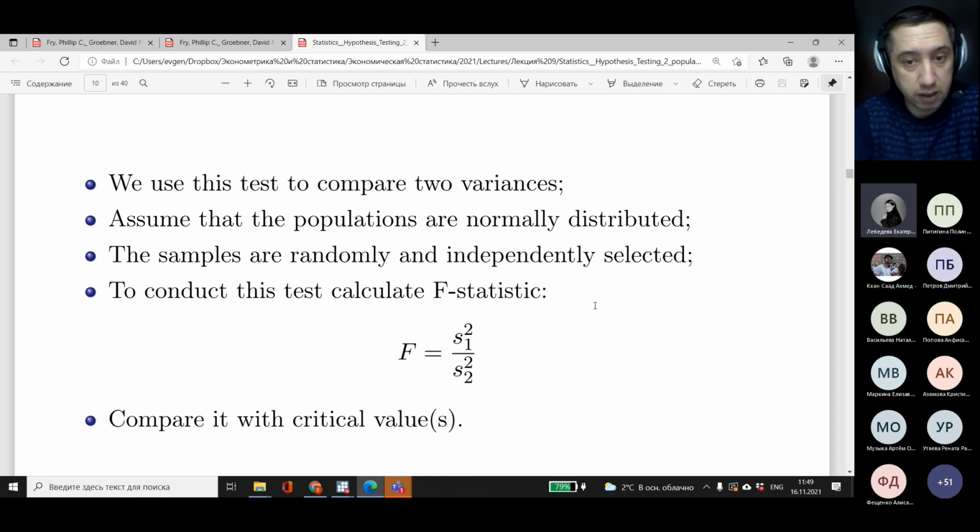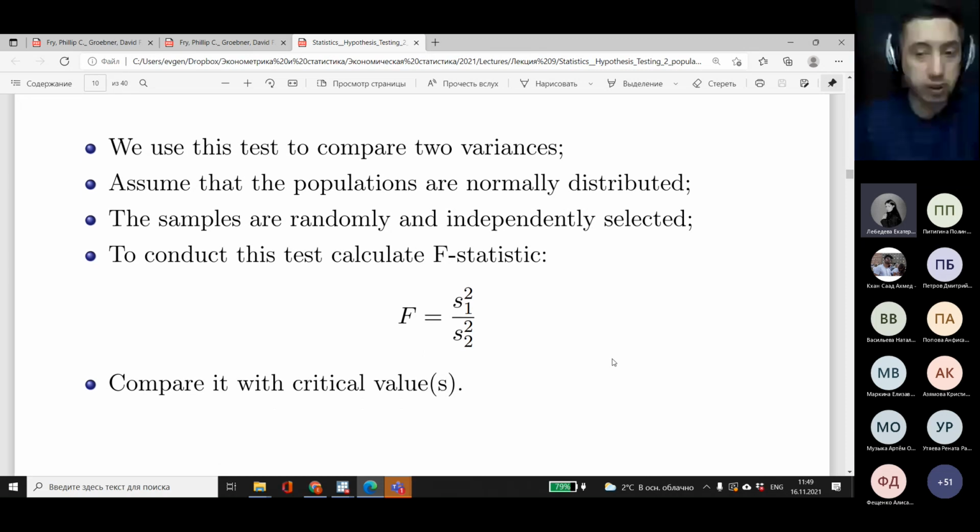You have to divide the larger variance by the smaller variance. That's it. Just divide two variances, and it will be your F statistic. And next, you should compare your F statistic with the critical value, or you should rely on p-values. How does this work?